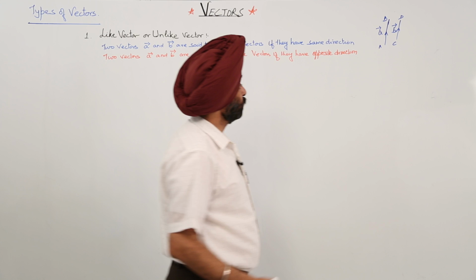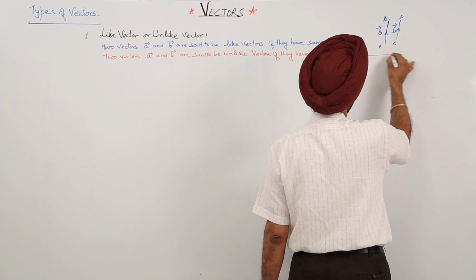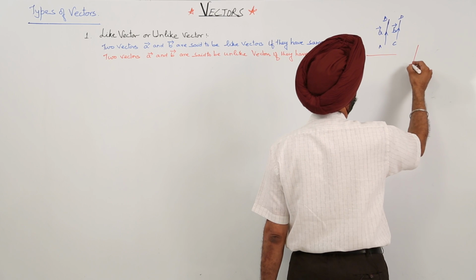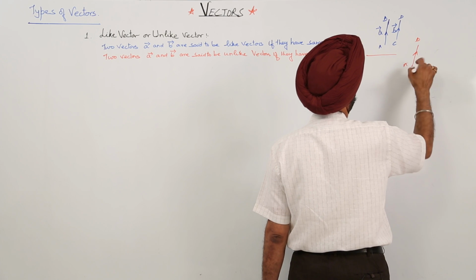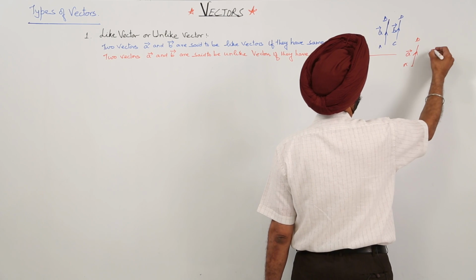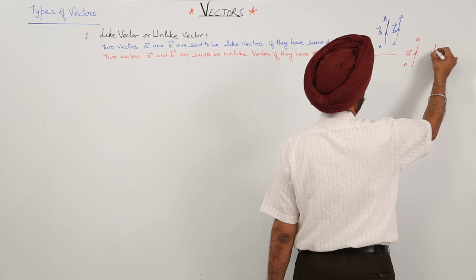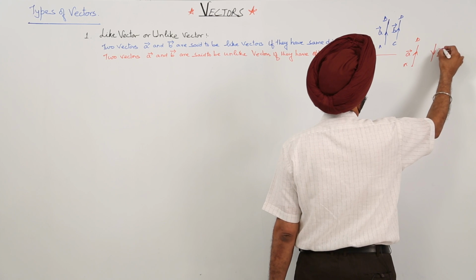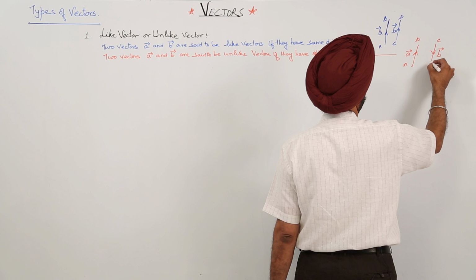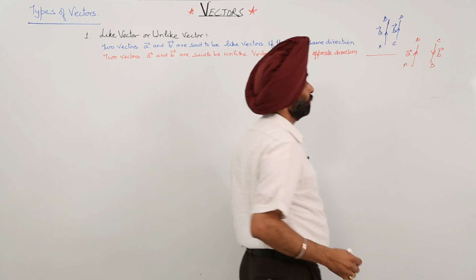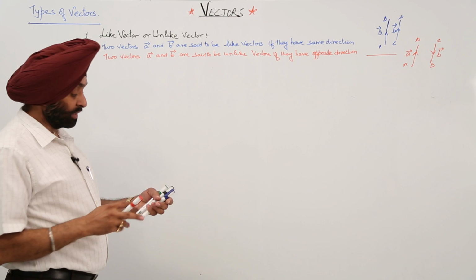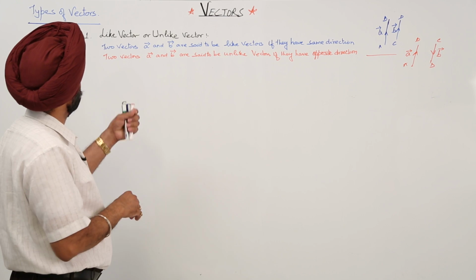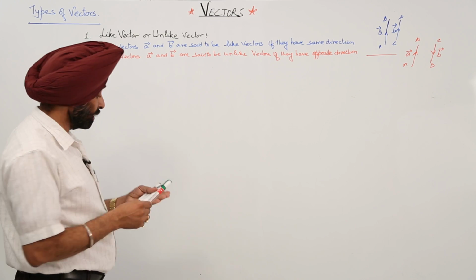If they have opposite direction. Now vector A. Okay. So a clear diagram representation and a definition shows what are like vectors and unlike vectors.